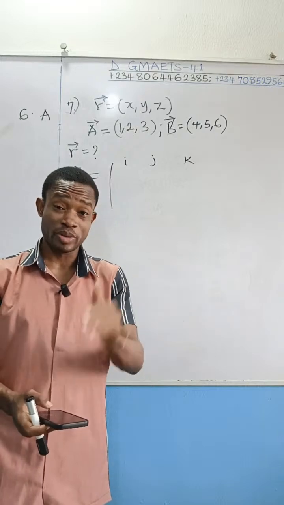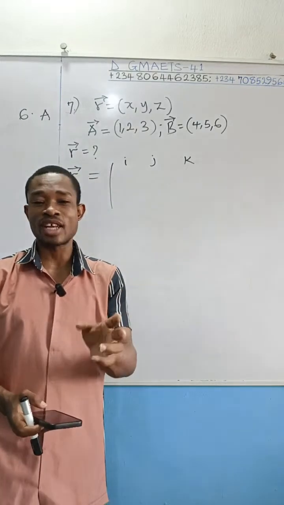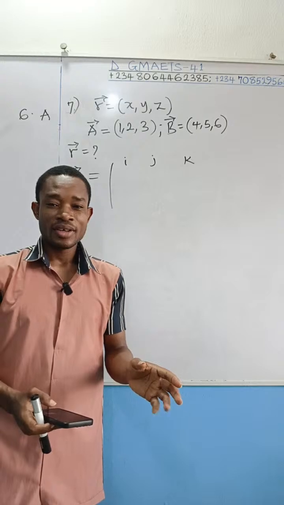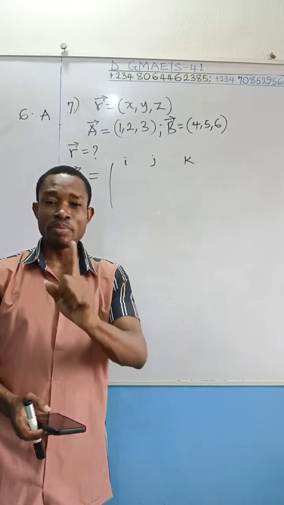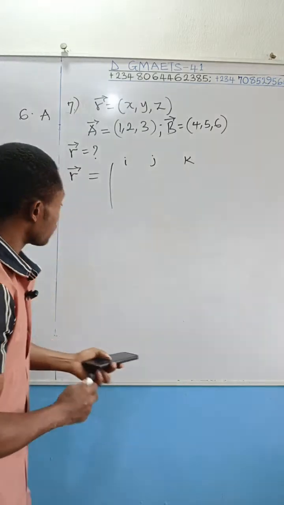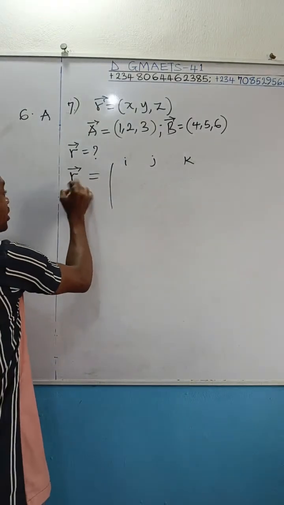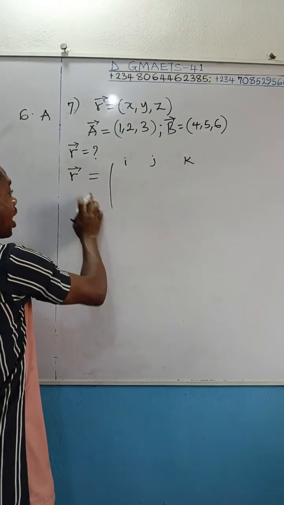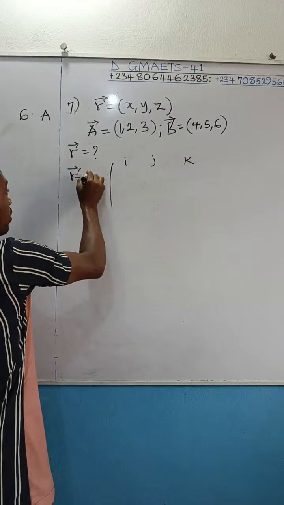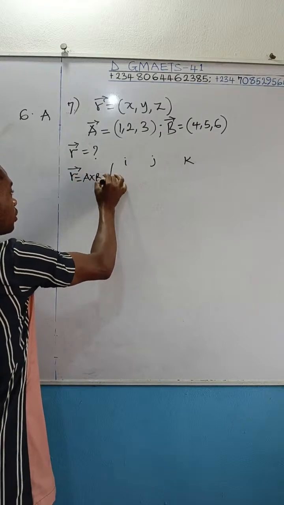You get the same number as value, but one will be the negative of the other. So to get our vector R is going to be A cross B. Let me write it first, A cross B.